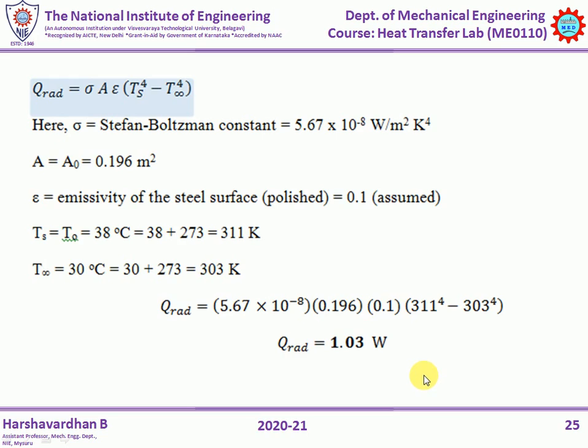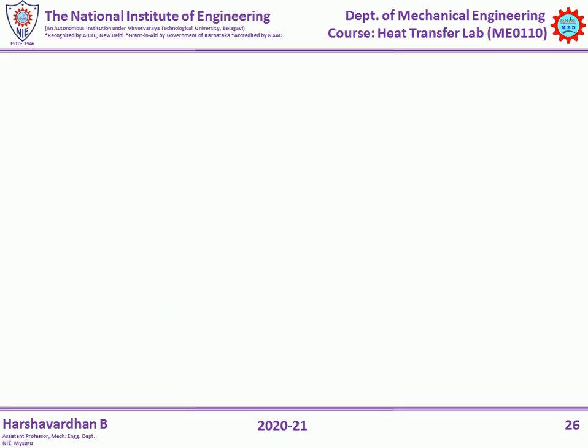Okay, once we determine this radiation heat transfer rate, then we know that under a steady state heat transfer process, always heat conducting through the sphere should be equal to heat convecting and heat radiating from the outer sphere to the surrounding air.